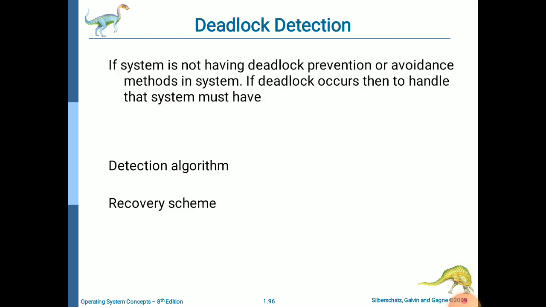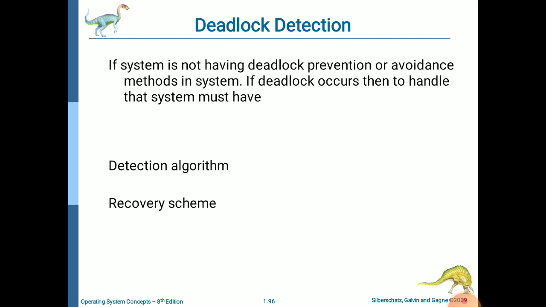But deadlock detection means, just look at the definition here. If the system does not have deadlock prevention or avoidance methods, and deadlock occurs, then to handle it we must have two things: a deadlock detection algorithm and a recovery scheme.